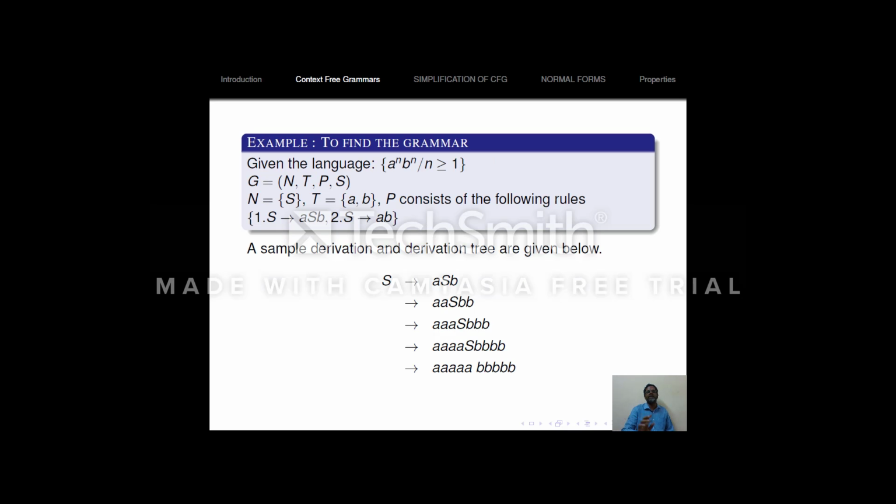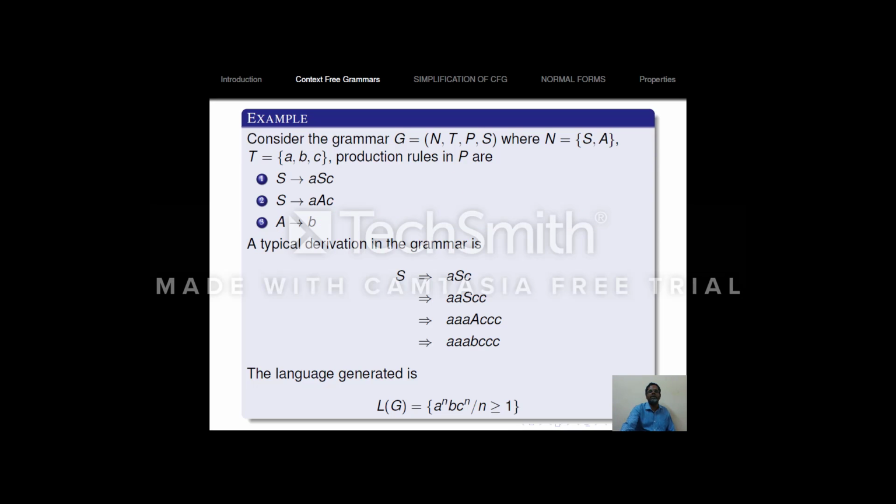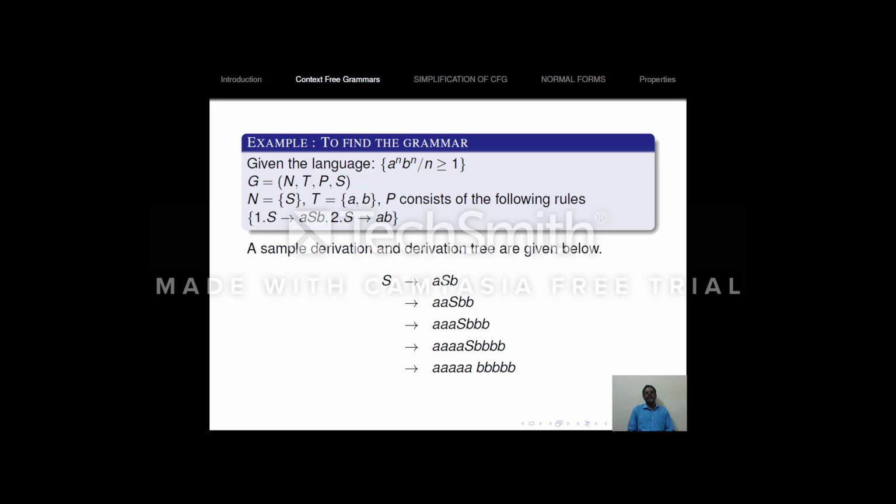Now coming to another example. In the previous example, we were given the grammar, and we were able to compute the language. Now here, given the language, can we design a grammar for it? Can we design a grammar which will generate this?